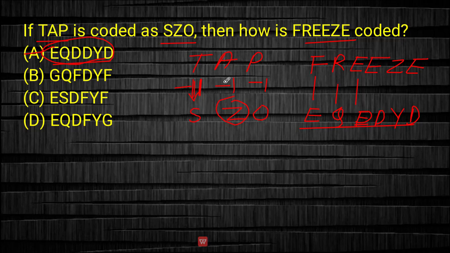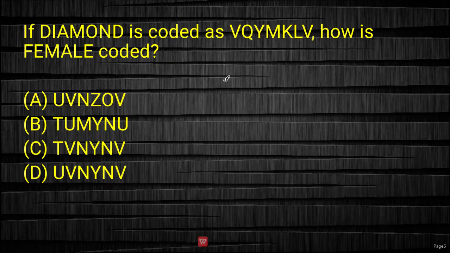Next question. If DIAMOND is coded as this, how is FEMALE coded? At first we have to find out the relation between these two. So here you can see the relation. D is plus 4 from the starting position, and V is minus 4.